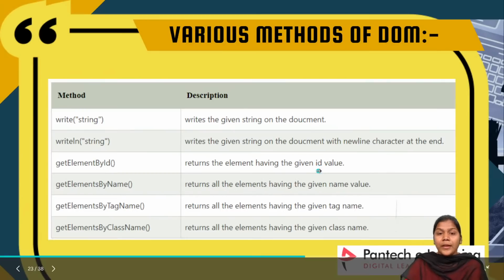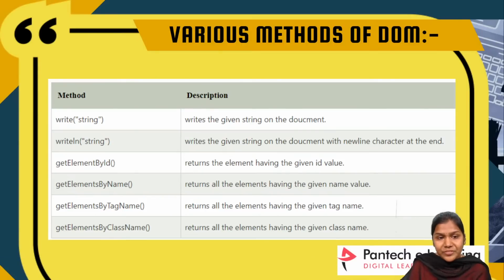Here come various methods of DOM, which include write(string), writeln(string), getElementById, getElementsByName, getElementsByTagName, getElementsByClassName. Let us know what each method represents. write(string) writes the given string on a particular document. writeln(string) writes the given string on the document with a new line character at the end.